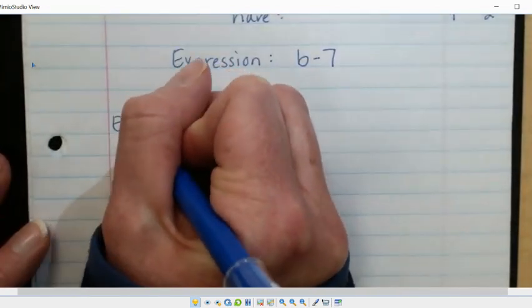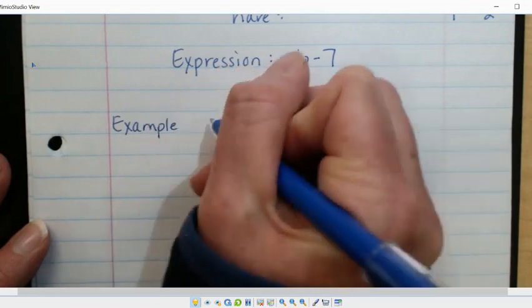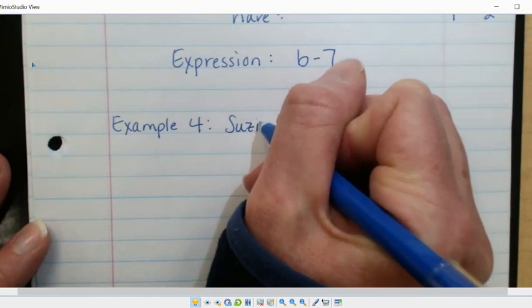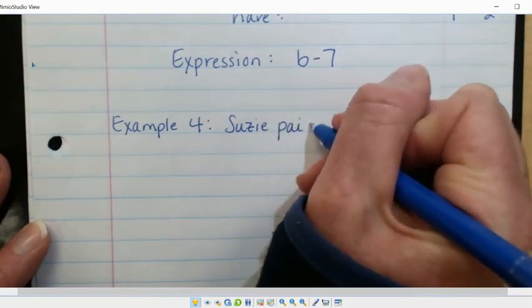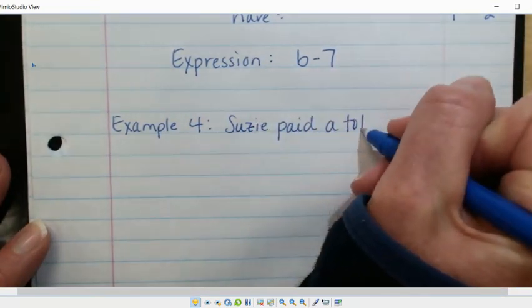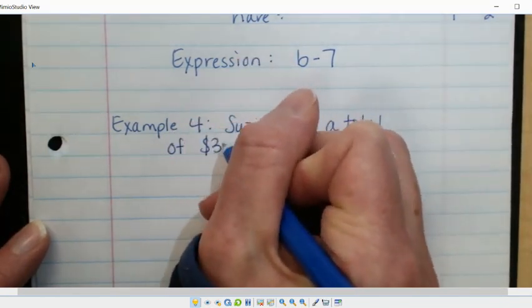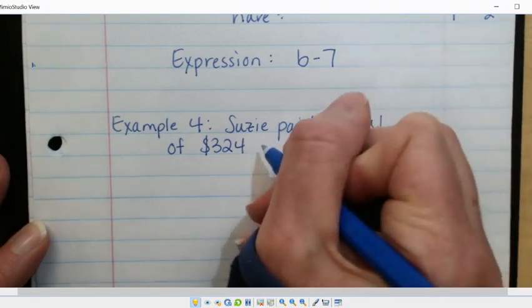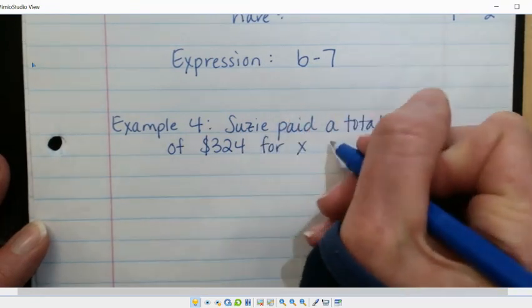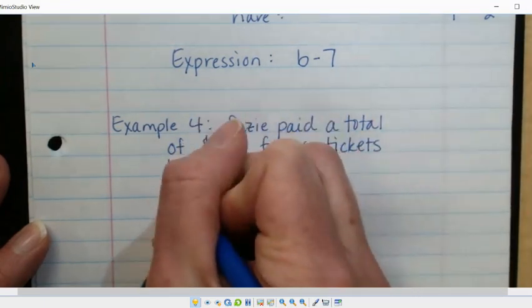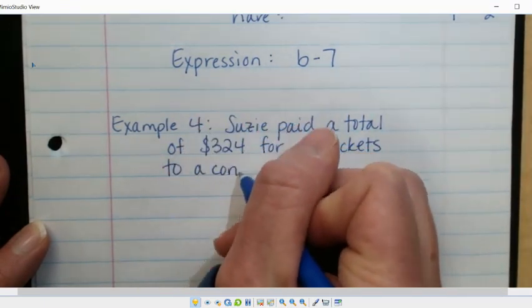And our last example is Susie paid a total of $324 for X tickets to a concert.